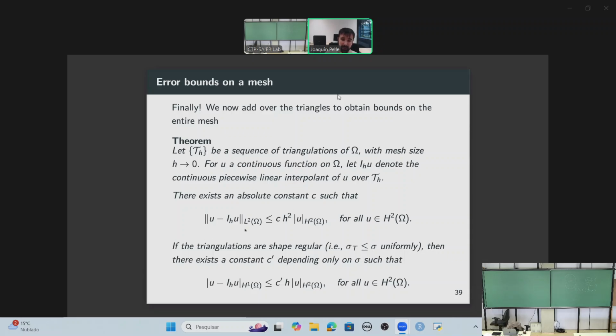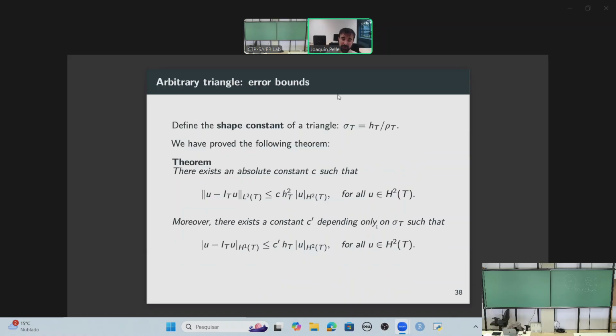And also, if the triangulations are shape regular, so remember going back to the single triangle theorem, we had that this C prime depends now on the shape constant of the triangle, this quotient here.